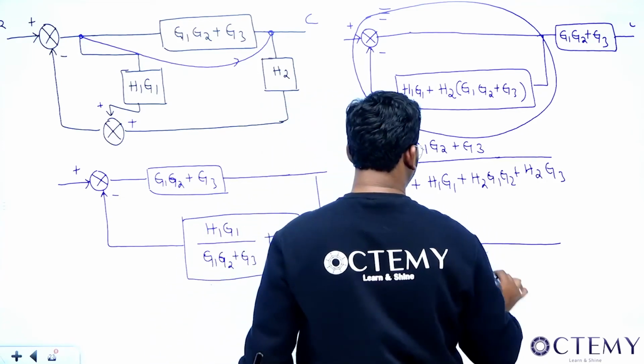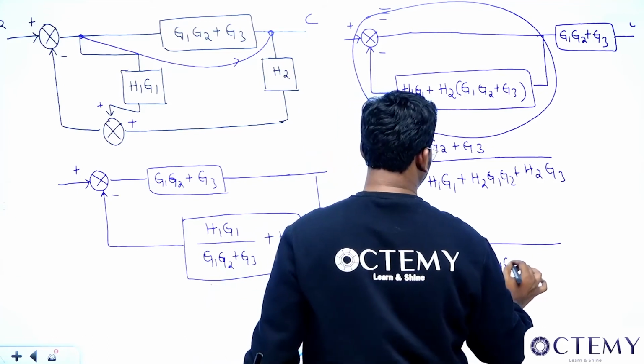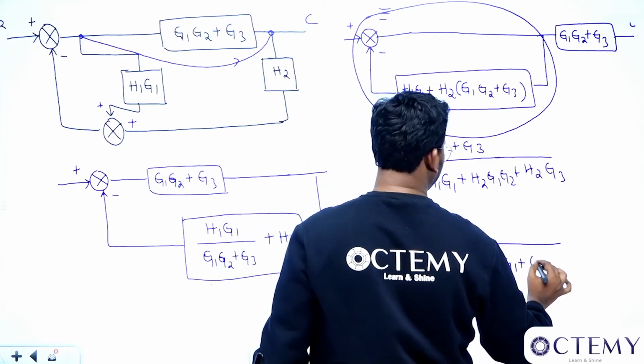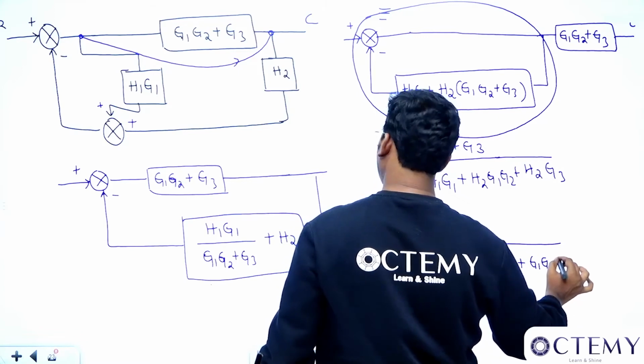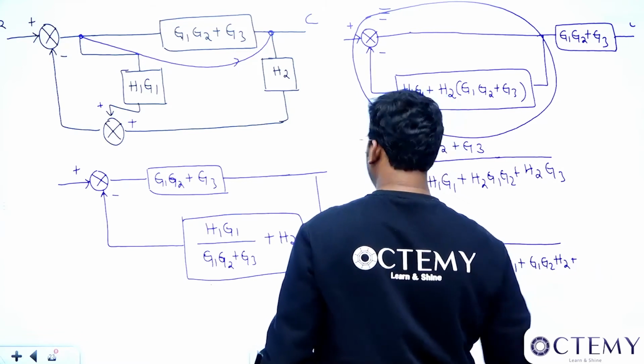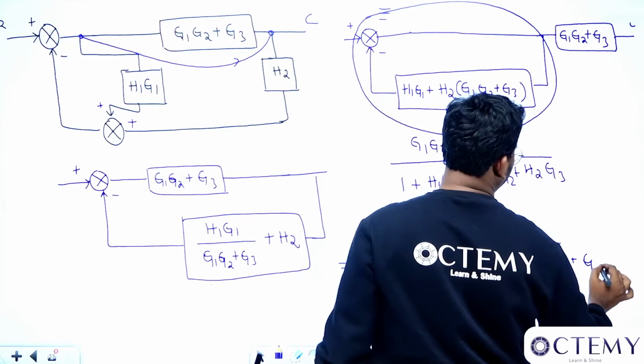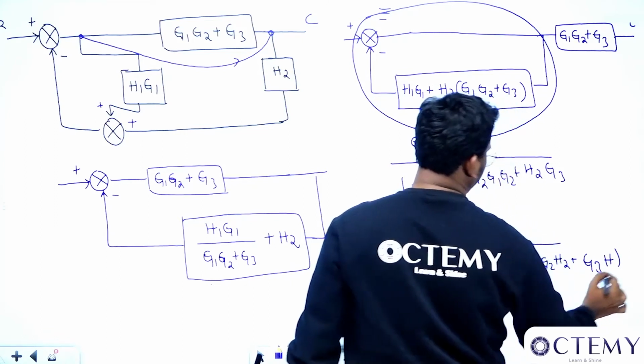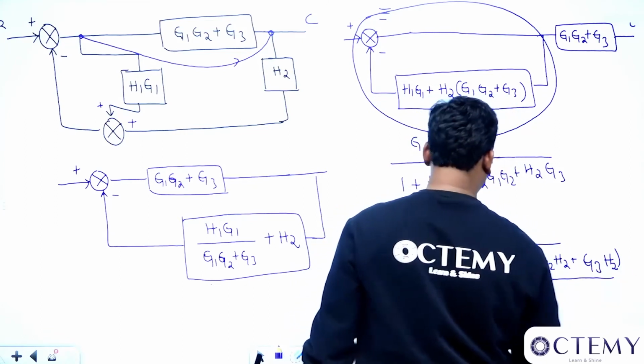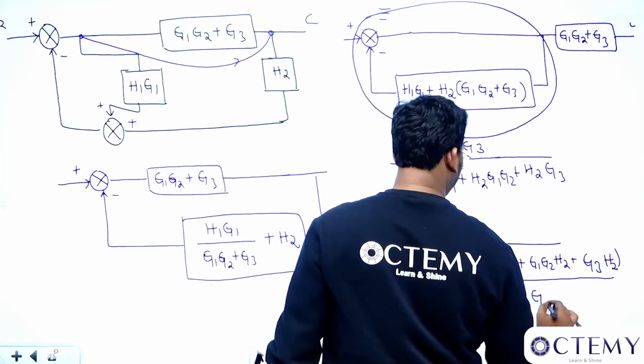Take the LCM. That will become H1 G1 plus G1 G2 H2 plus G3 H2 whole divided by G1 G2 plus G3.